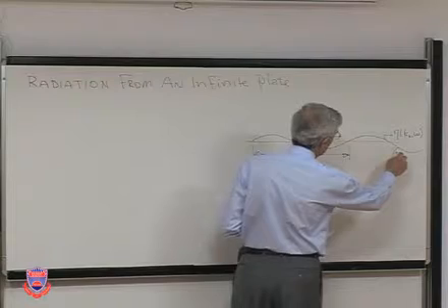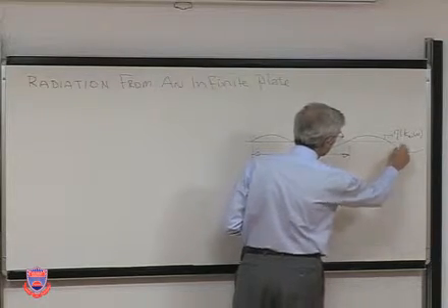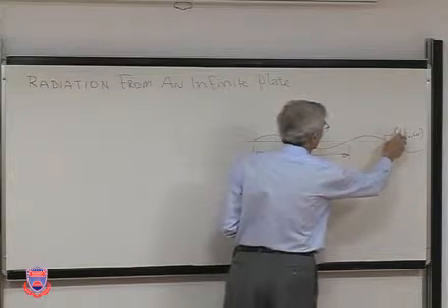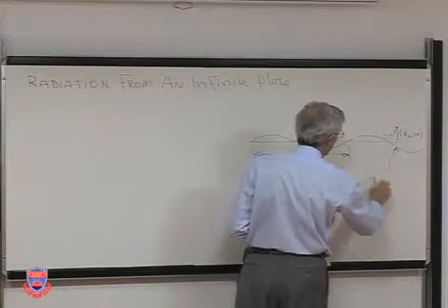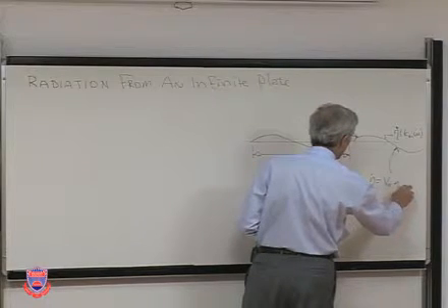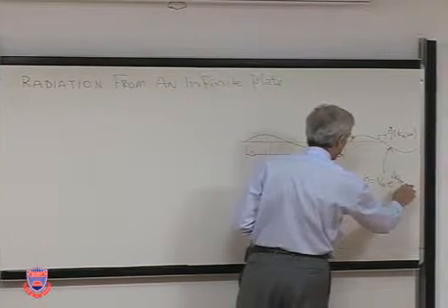And in this case, rather than displacement, this is velocity. We say the velocity is expressed as v0 e to the i kB x.